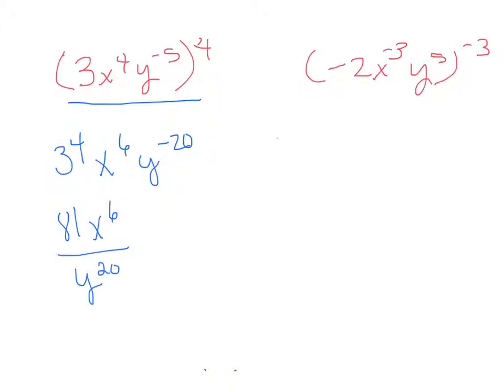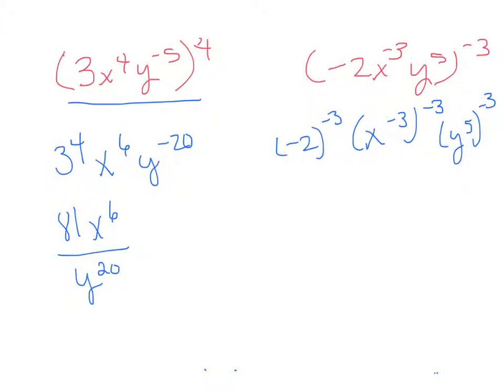So now we have negative 2 raised to the negative 3rd power, and then we have x that is already raised to the negative 3rd power. We're going to raise it again to the negative 3rd power, and then we have y to the 5th raised to the negative 3rd power. So now we're going to work on this one. You can't have that negative 3 in the top, so we're going to bring it to the bottom.